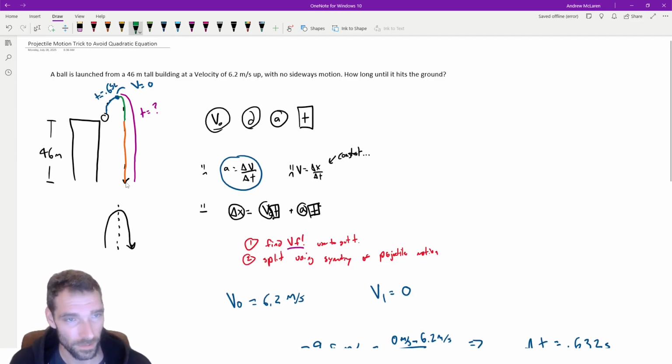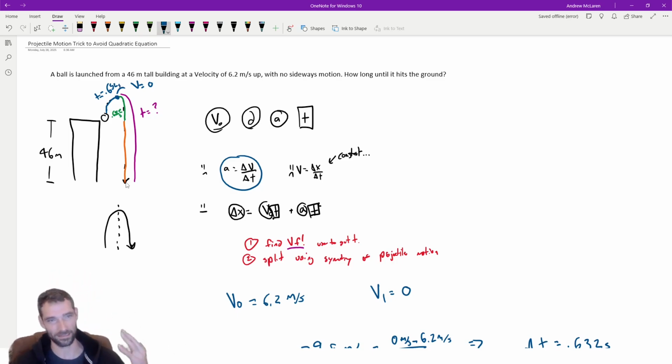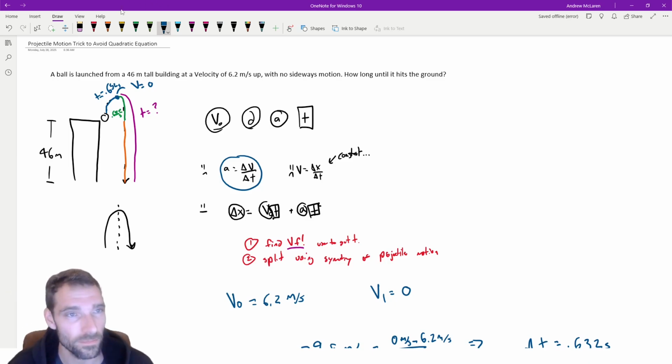Meaning also the time for it to go back down, that amount of distance, would also be 0.632. I don't think that's particularly useful in this problem, but it lets us know that at least 1.3 seconds is going by. Probably a bit more because we still have to go that orange distance down ultimately.